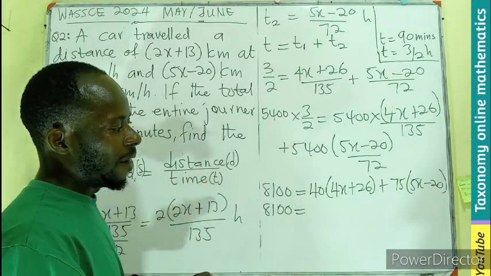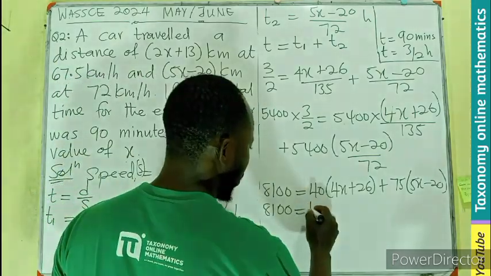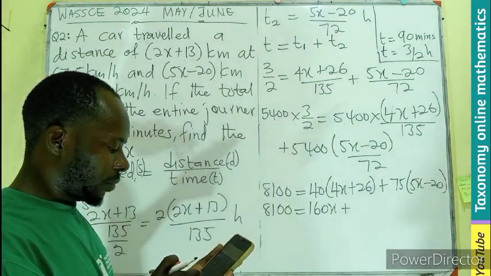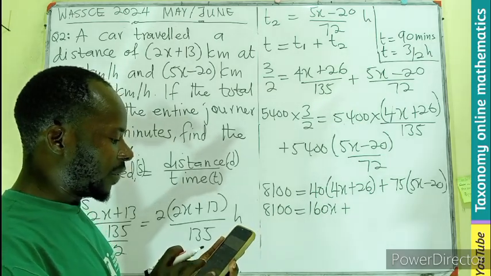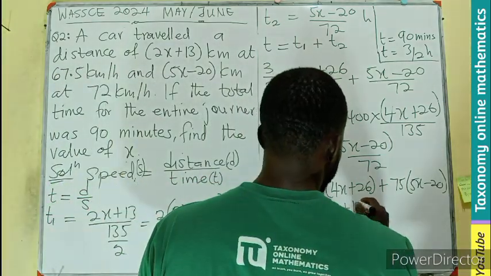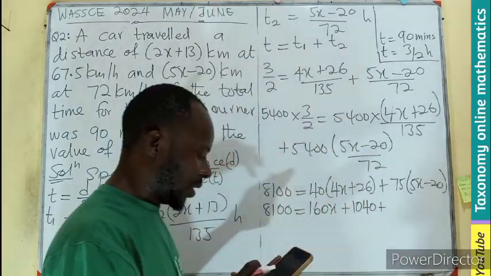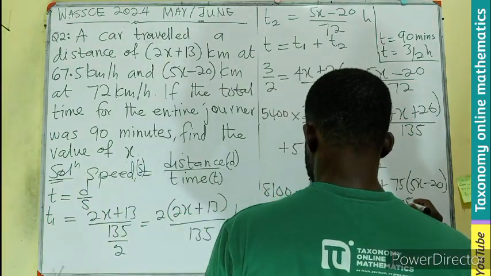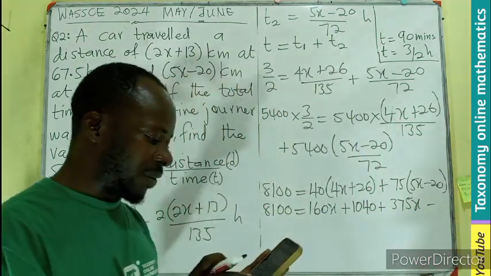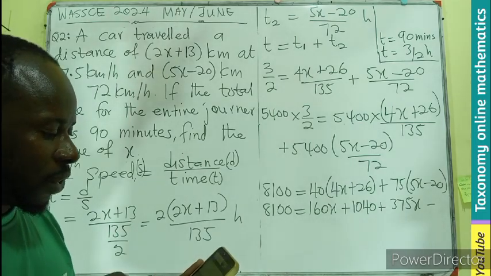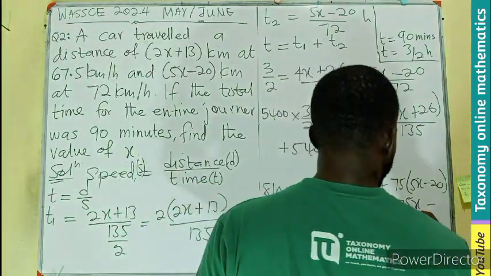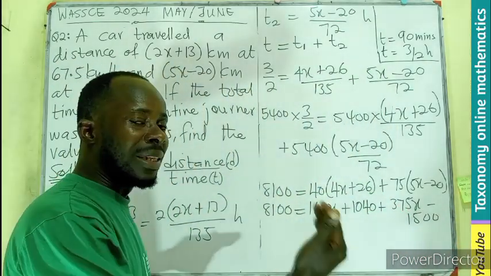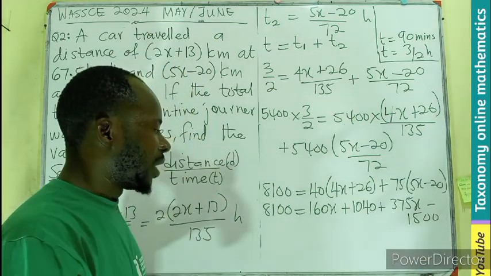Then 4 times 40 is 160x, and 40 times 26 is 1,040. 75 times 5 is 375x, minus 75 times 20, which is 1,500. Now we have terms without brackets, so we can easily group the like terms together.